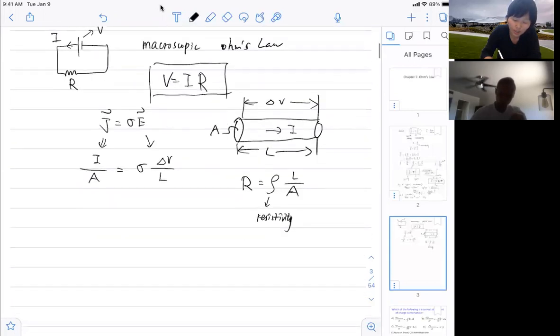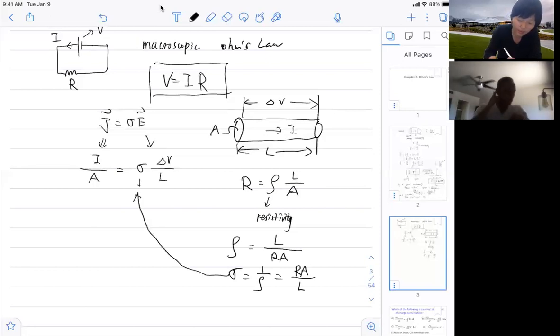And since I'm looking at sigma, I know sigma is really 1 over rho. So rho is, as you continue to derive this, going to be R times A over L, which means sigma is going to be 1 over rho, that is L over RA. So I'm going to plug this in.